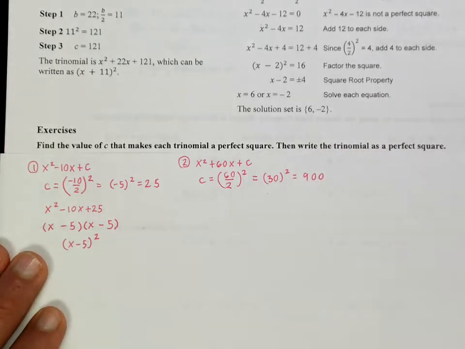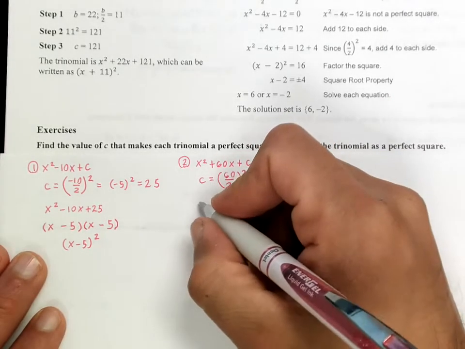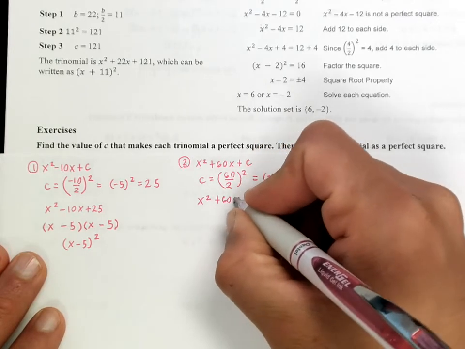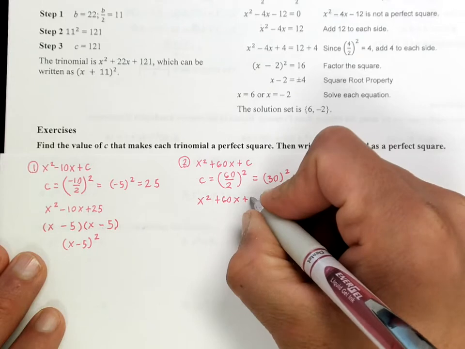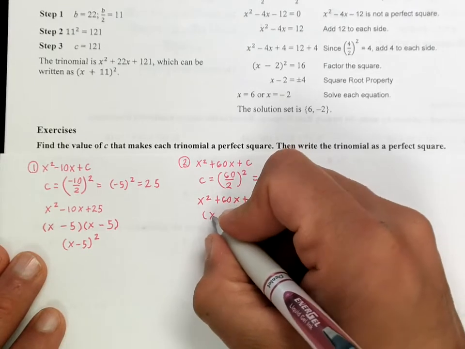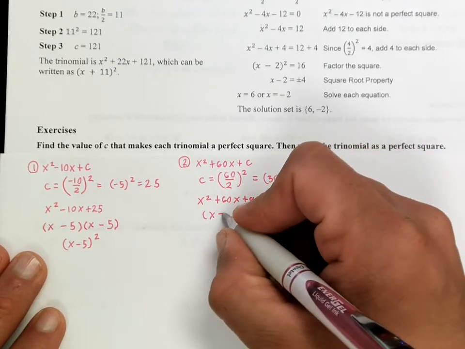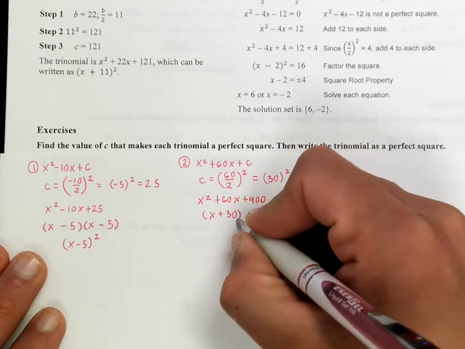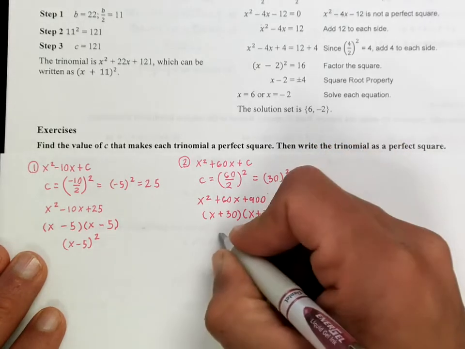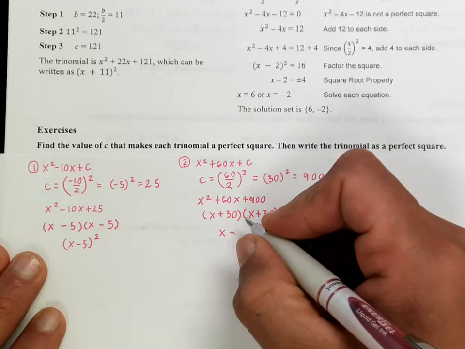Now I'm going to rewrite this as x squared plus 60x plus 900. And if I were to factor this, this would be x plus 30, factors of 900 that add up to 60, which I can rewrite as this.